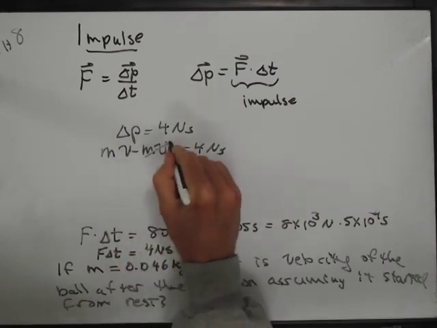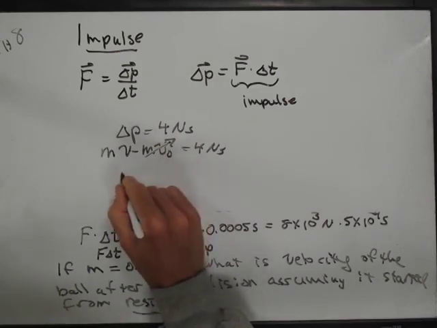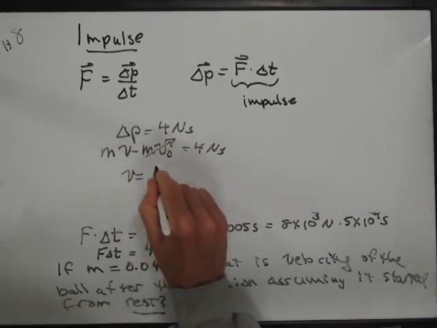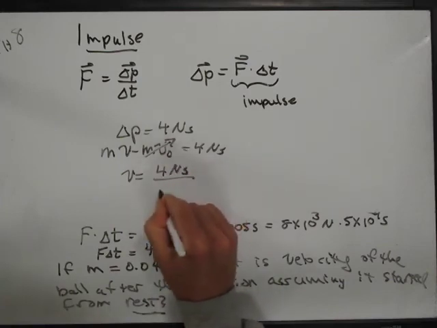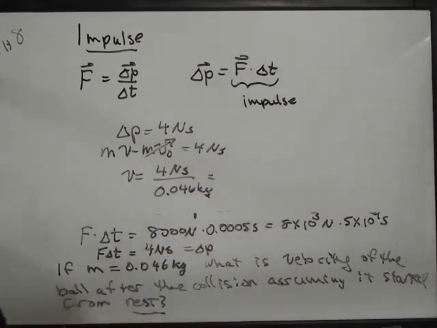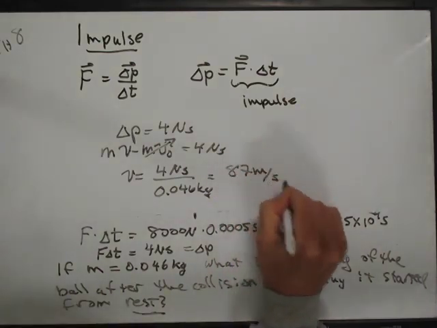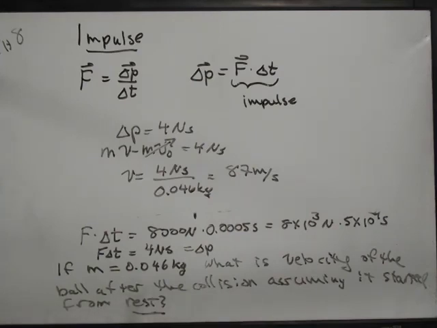And since V initial is 0 because it started from rest, I get the final velocity is equal to 4 newton seconds divided by 0.046 kilograms. Right, so I have to do that on my calculator. I get about 87 meters per second, something like that. That's the final velocity. So that's impulse.